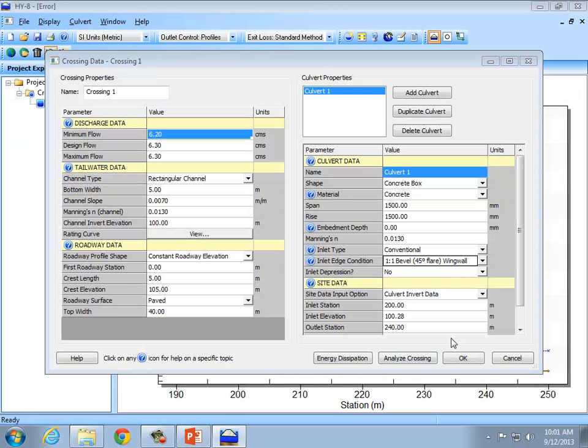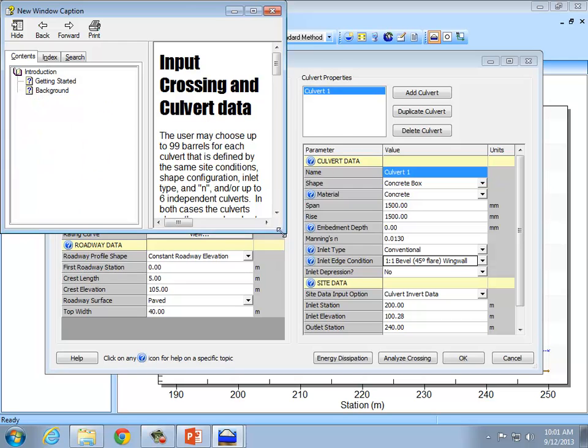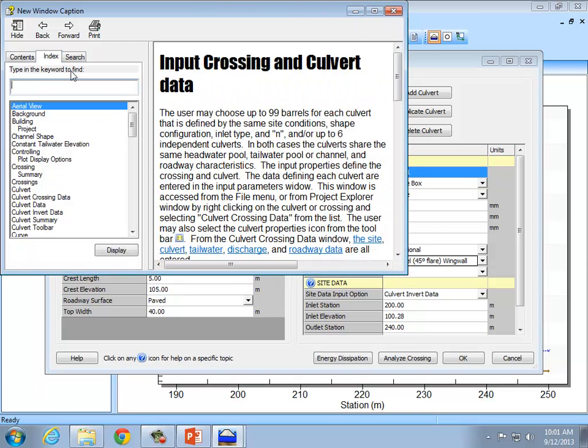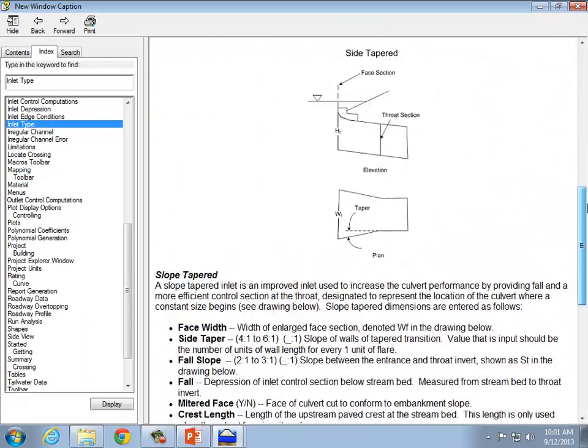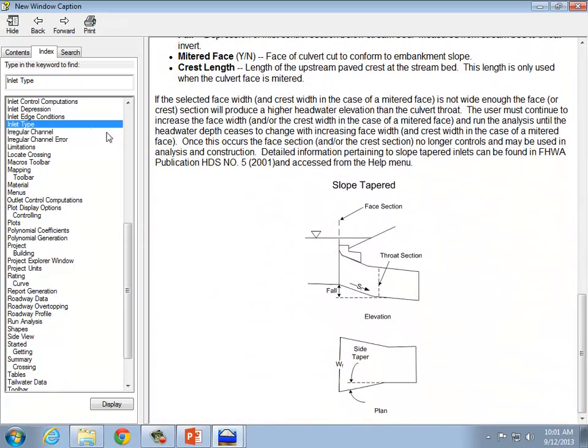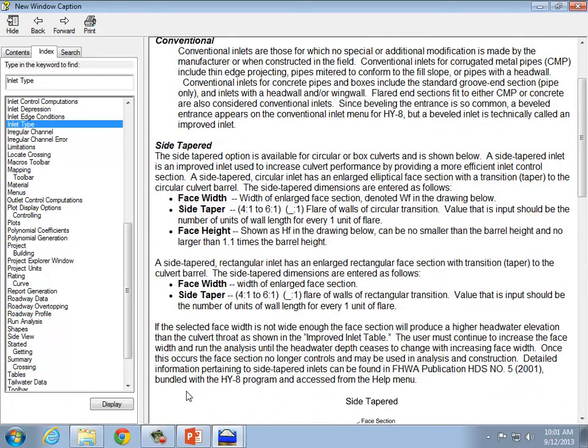And actually, now that you mention it, I think that there is a help manual that shows diagrams of all the different inlet types. So if we search for inlet, we might be able to find those. Inlet type. Yeah, it's got some drawings that can help us understand those, and I think it's maybe even more detailed than those.